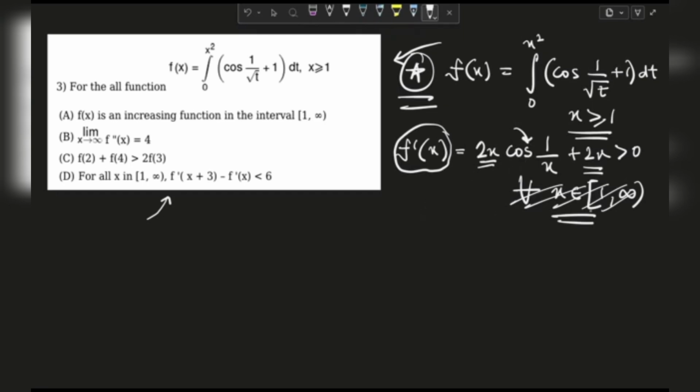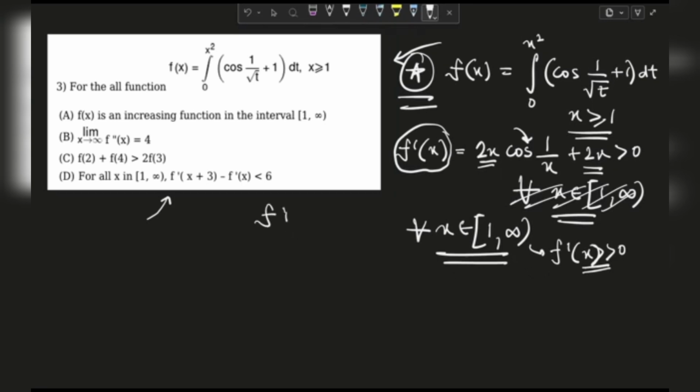So yeah, why did I cancel this out? Anyways, better to write after concluding. For x belongs to 1 to infinity, our f dash x is coming out to be greater than 0. So yeah, this is an increasing function. F is increasing. So option A becomes correct.